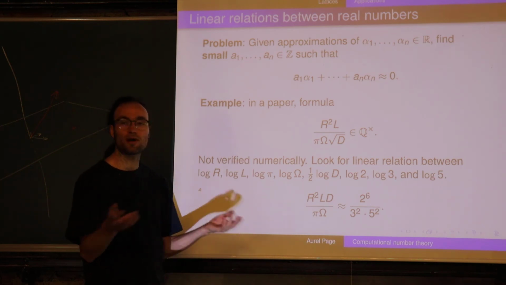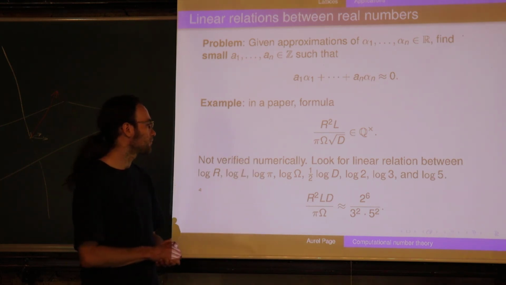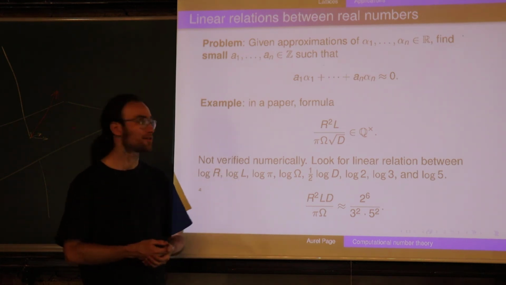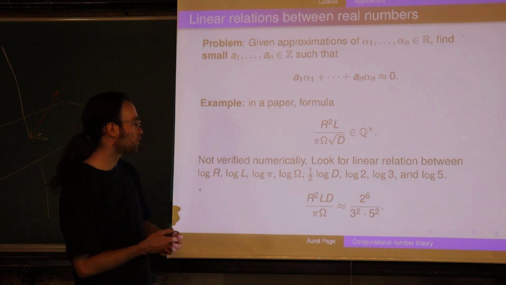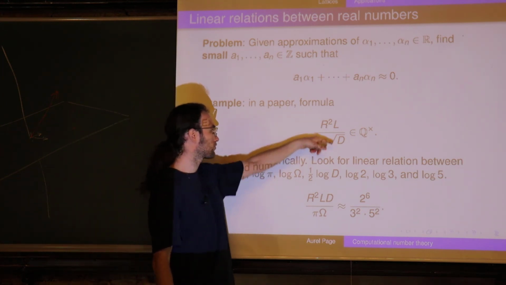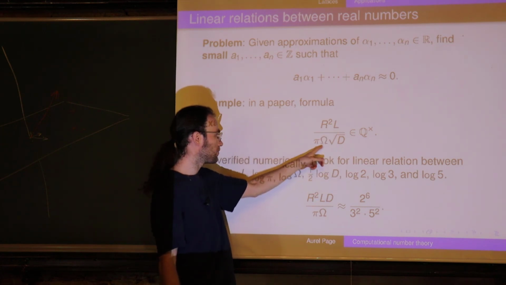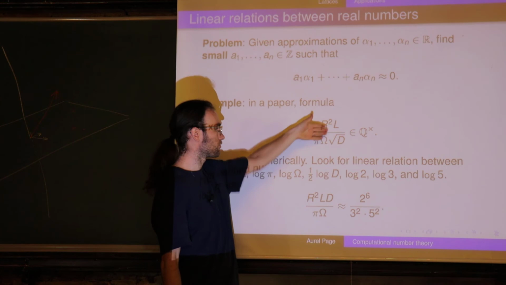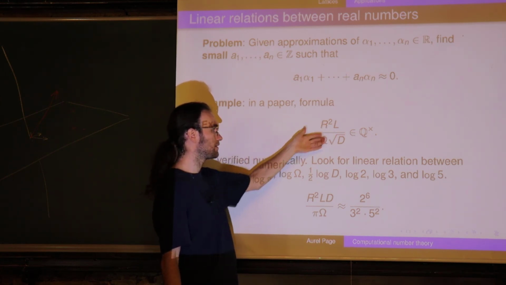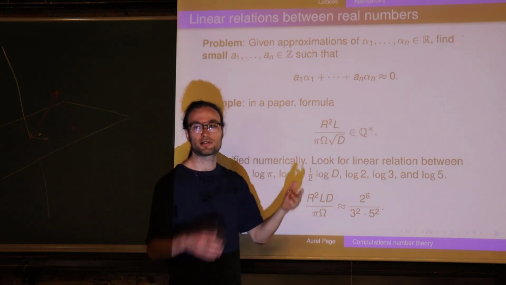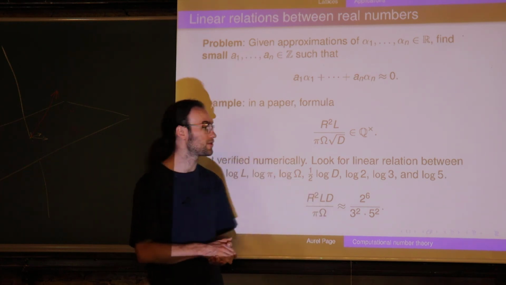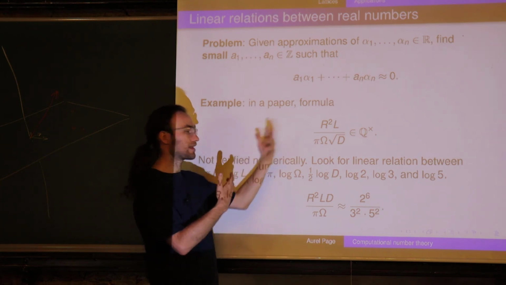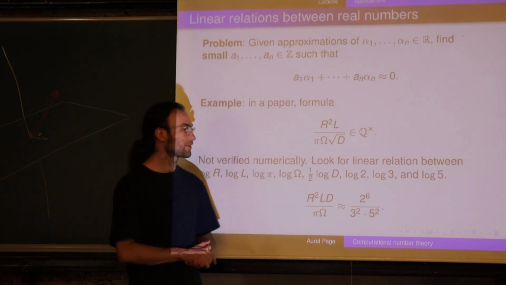So he was looking for a way to validate his results, and for that we found a formula that was proved in some paper about this R, a certain expression like this, with L, omega, D, it doesn't matter what they actually are, some quantities that you can compute, and the claim was that this was supposed to be a rational number. This is something you can test if you can compute it to finite precision using continued fractions. You can check that it looks like a rational number.